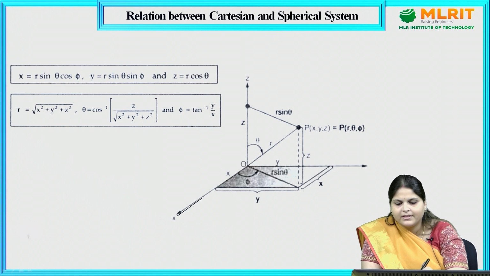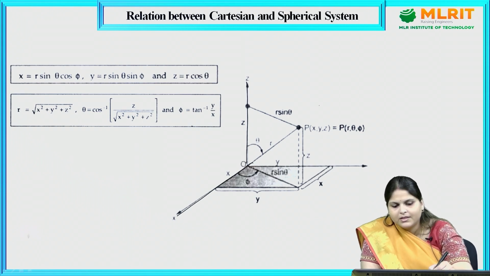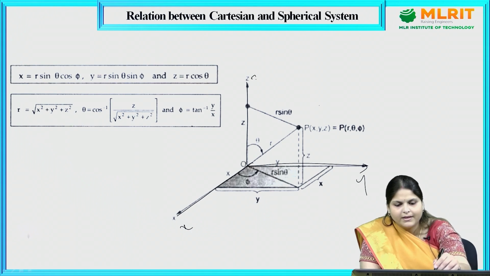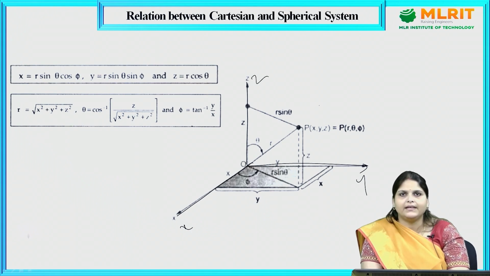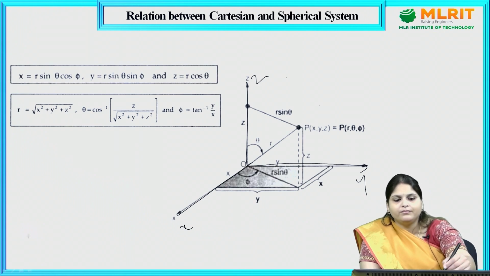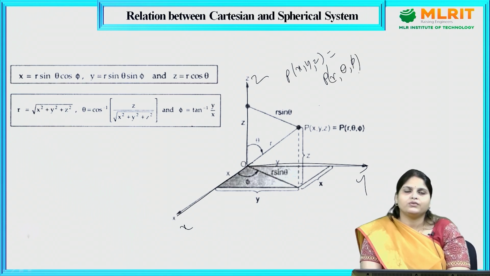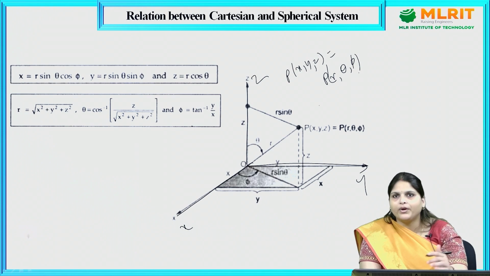Here you can clearly see three mutually perpendicular axes, x, y and z, which is the Cartesian coordinate system. For the spherical coordinate system, we need r, theta and phi. In the previous case we had z common, but here we don't have any common point. So we need to find out all the points.